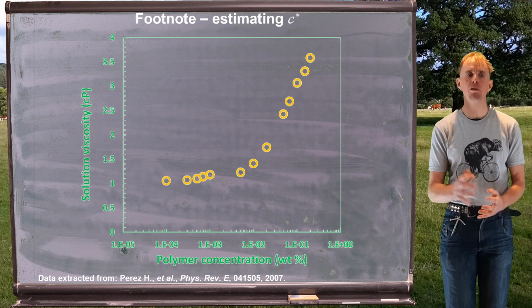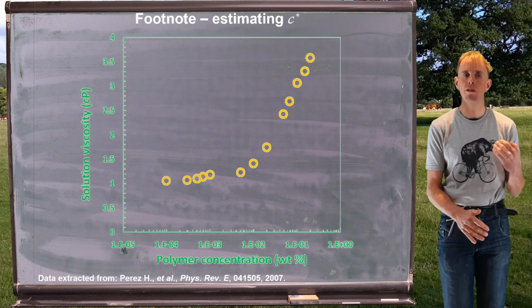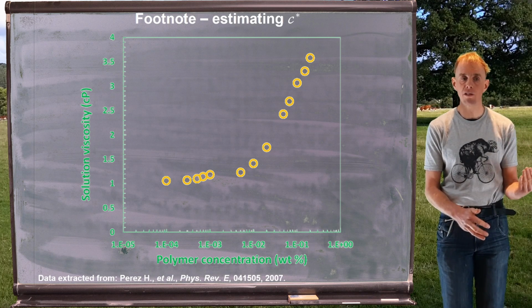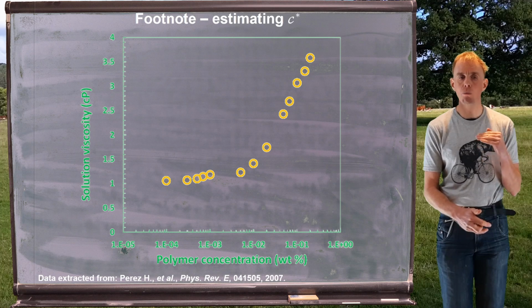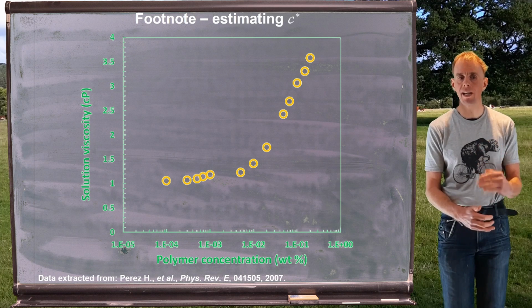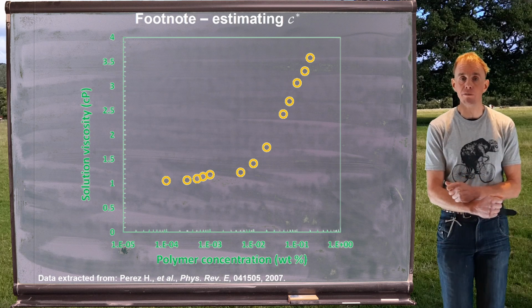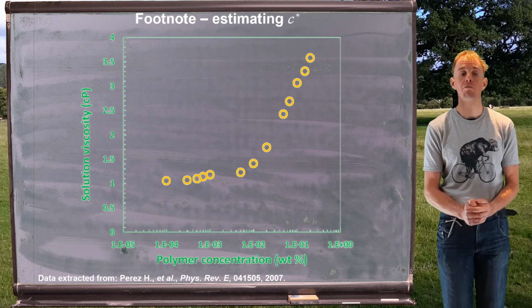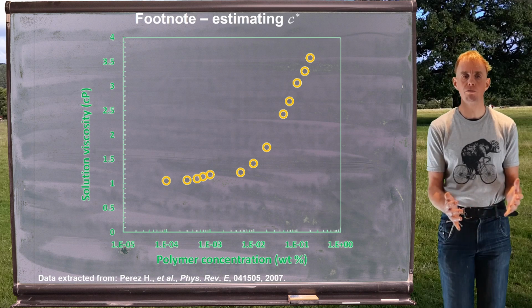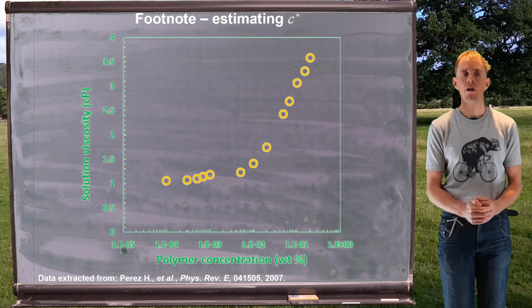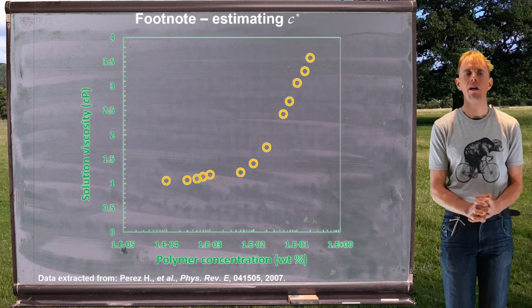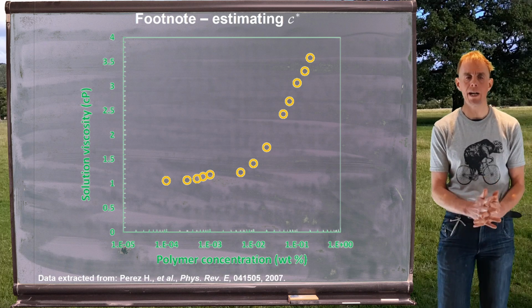So the graph that I've put on the board here is a plot of the solution viscosity on the y-axis as a function of the weight concentration of polymer on the x-axis. And you can see that the chemist who has done this has spanned a very, very wide range of polymer concentration, almost 5 orders of magnitude. What we see in this plot are two regimes of behaviour.